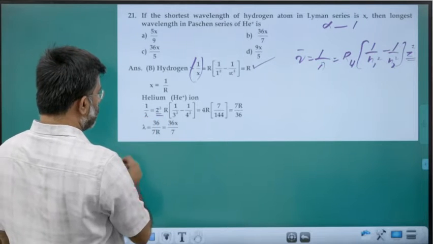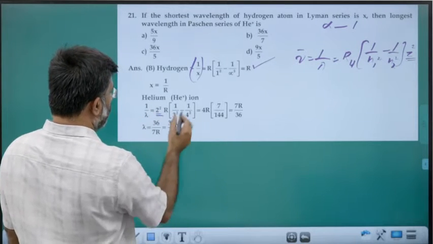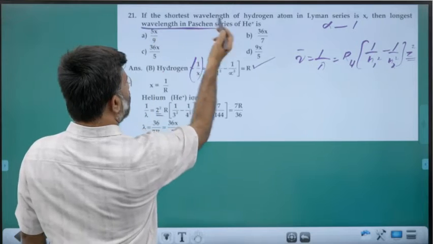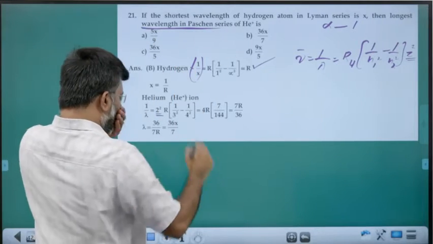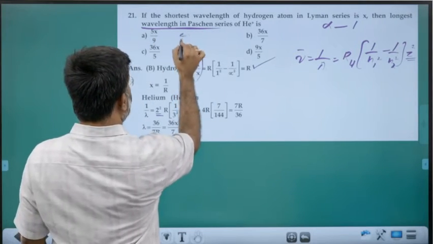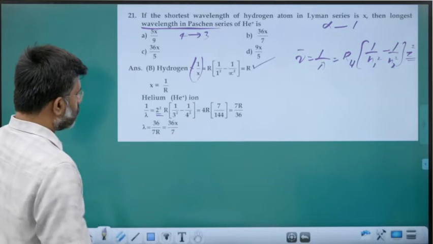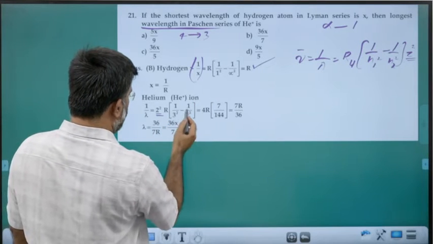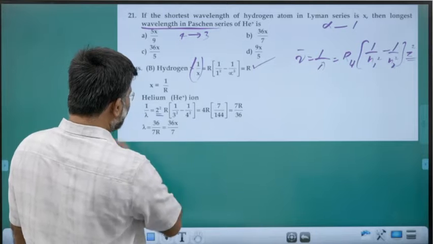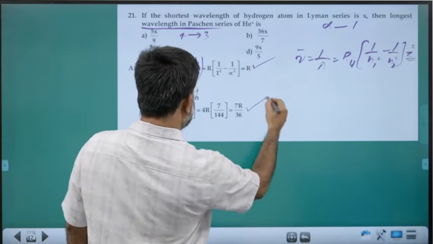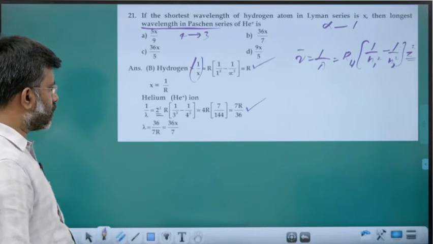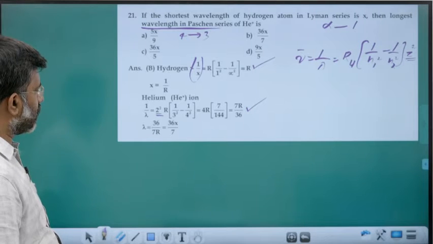So 1 by lambda is equal to Z square into R into, it is the longest wavelength, so it will be from 4 to 3. So it is R into 1 by N1 square minus 1 by N2 square. You will get 7R by 36. Now what is R?